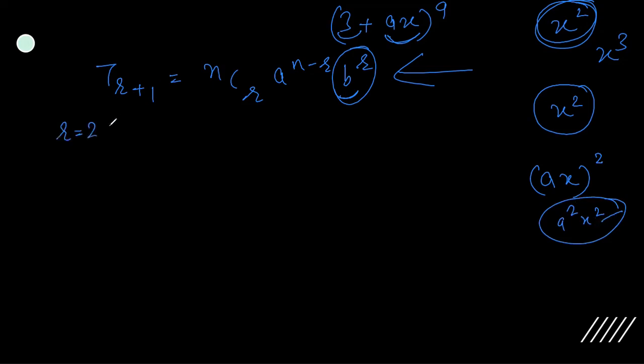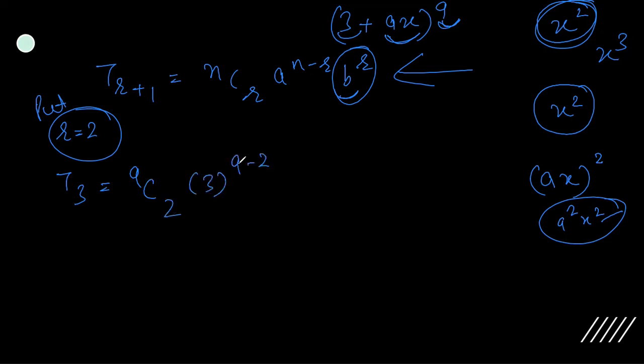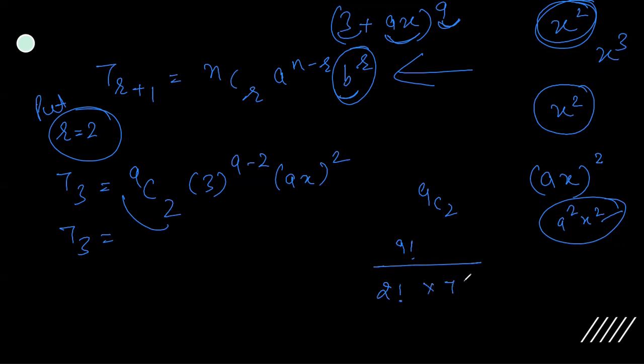So I'm putting r equals 2 in the first equation. n is the final power that you have in the question, so it is 9C2, a is 3 raised to the power 9 minus 2, and (ax) raised to the power 2. So T3 equals 9C2 times 3^7 times (ax)^2. Let's solve 9C2: 9 factorial divided by 2 factorial times 7 factorial.